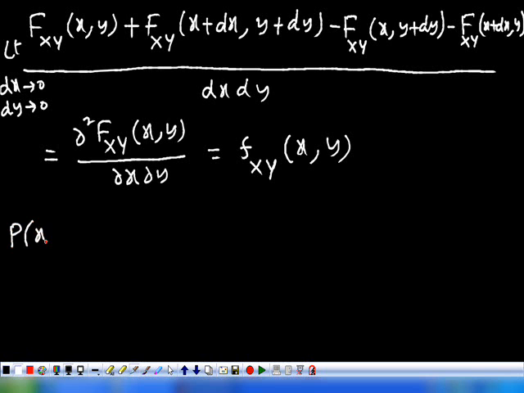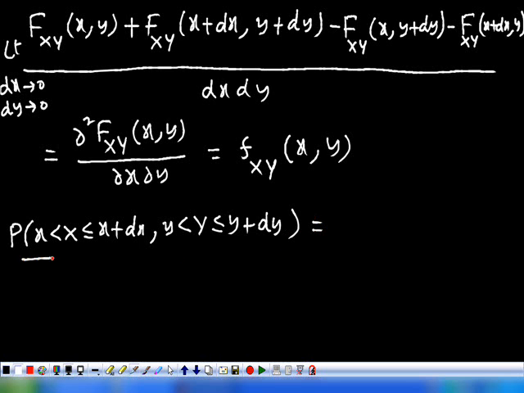So therefore, the probability of x lying between x and x plus dx and y lying between y and y plus dy is equivalent to this.